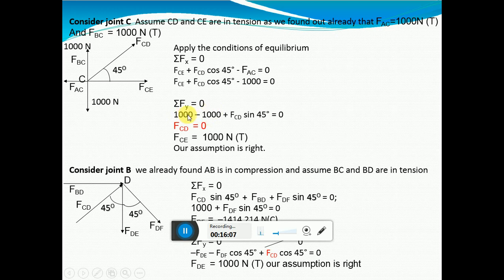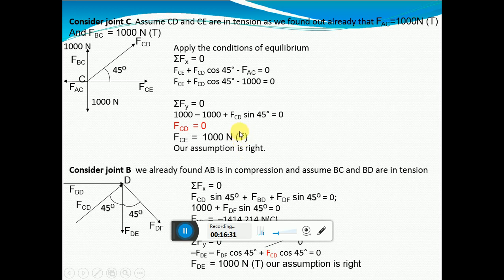It becomes 0. So FCD becomes equal to 0. 0 force member. So your FCD, this diagonal member, is a 0 force member. Next, substitute this CD value here and find out what is CE. You got as positive, so our assumption is right. It is in tension.